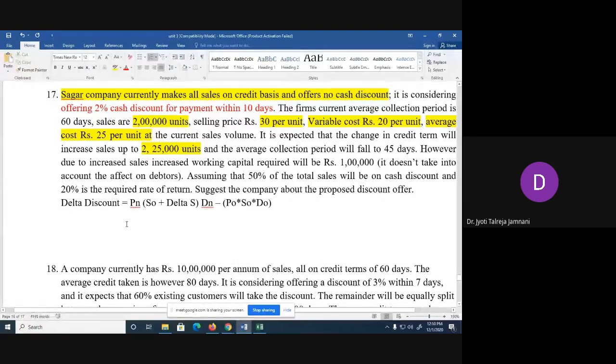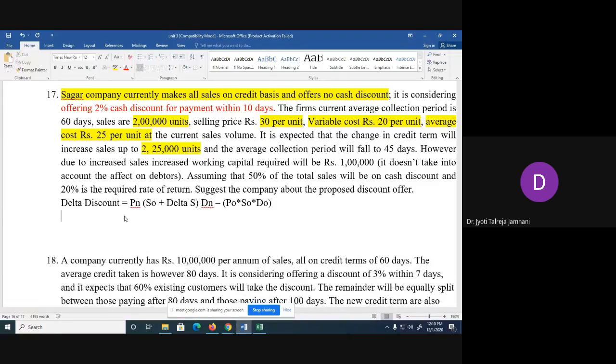So fixed cost will be, we have done this earlier also, from the average cost 25 rupees, you minus the variable cost 20 rupees, and you will get the fixed cost 5 rupees per unit.